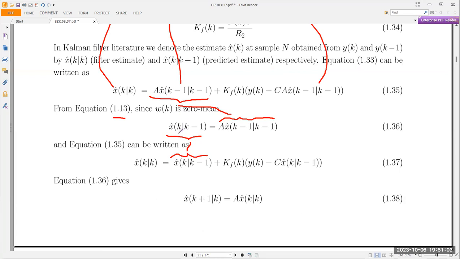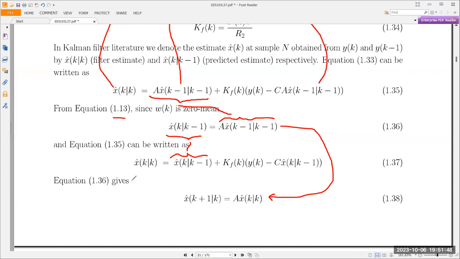This estimate depends on the previous estimate. If this is k minus 1, and this is k plus 1, then this is k. Mathematically, it just means that you take the last estimate to get the next one. So if you want xk plus 1, you take the last estimate and then do the k plus 1. So this equation and this equation are basically the same equation. It's just the current and the previous.